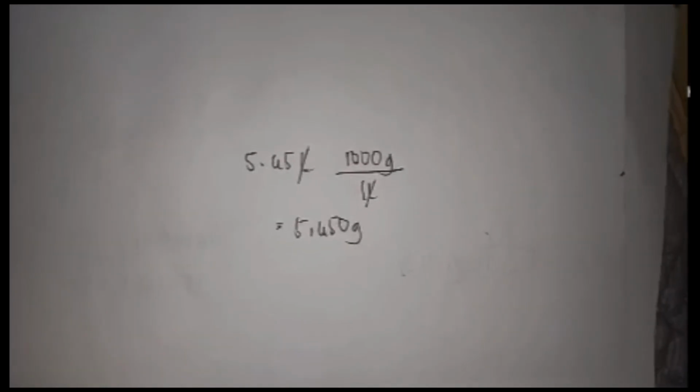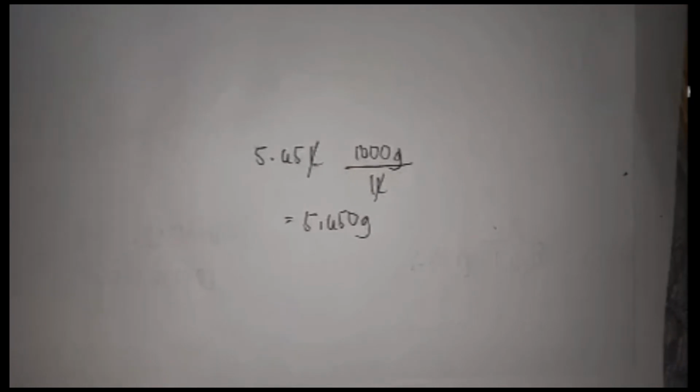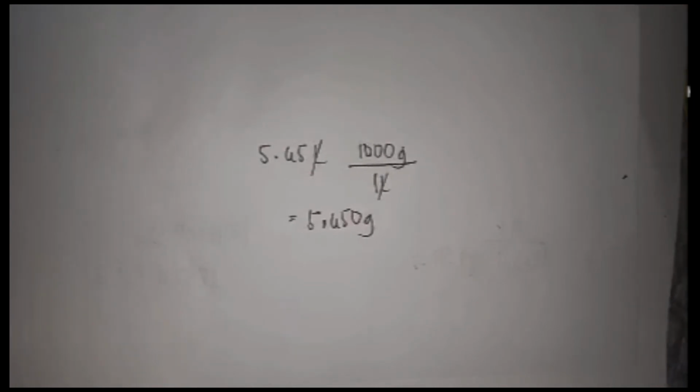We have this formula: delta H is equal to mCp delta T. M here is the mass in grams, Cp is the heat capacity of the water, and delta T is the change in temperature. The mass given was in liters, so we need to convert it into grams.